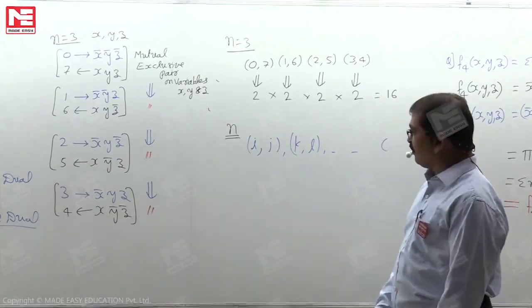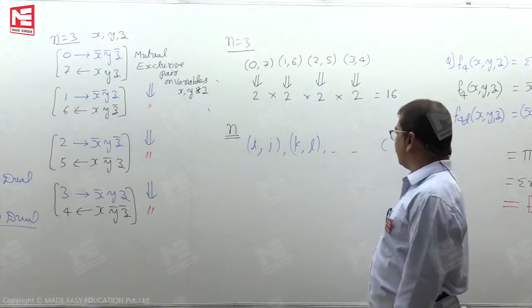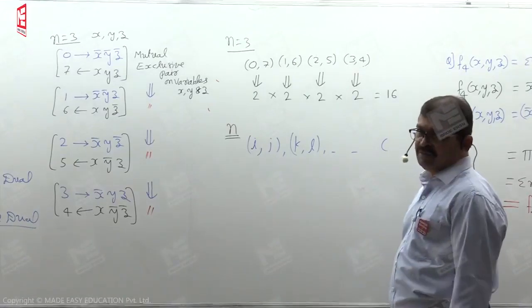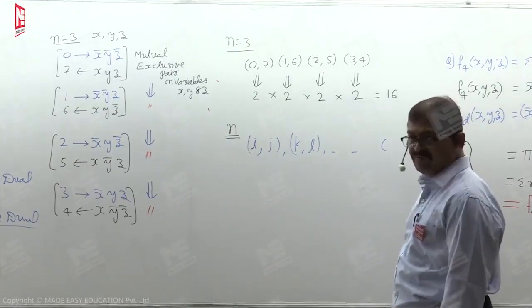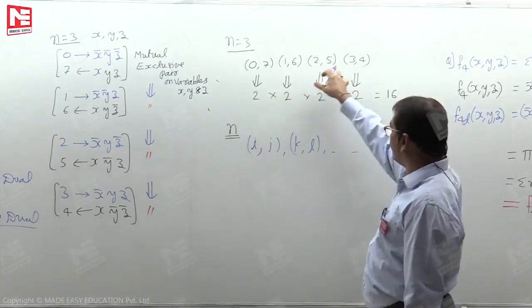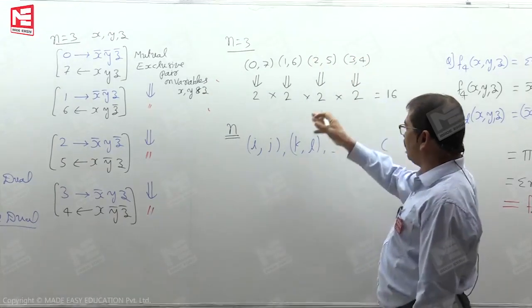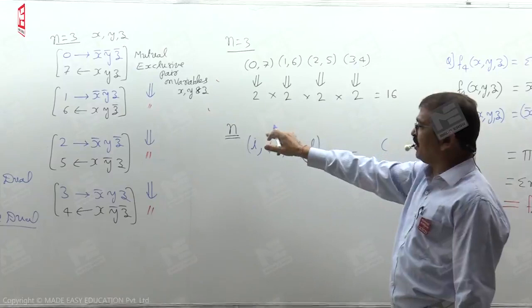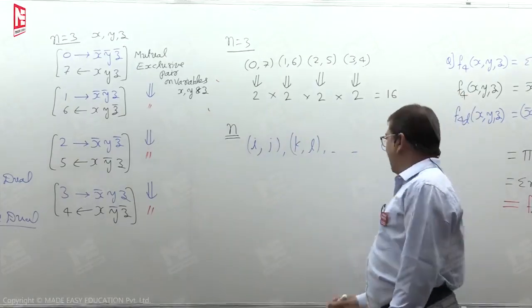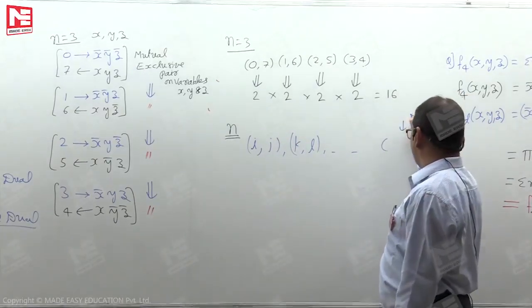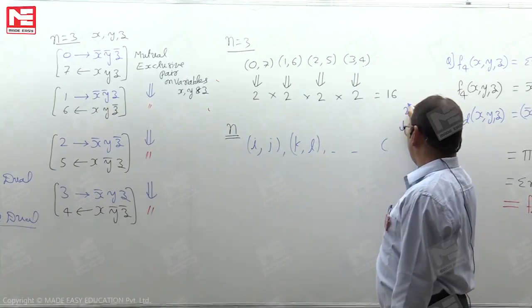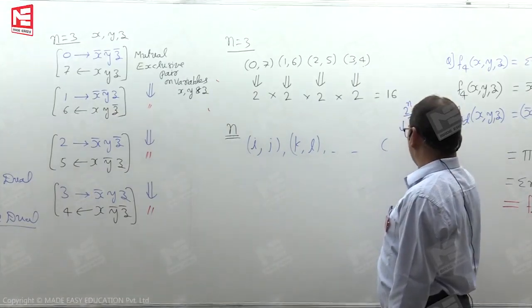Total how many pairs do we have? The total number of pairs will be 2 to the power of n by 2. When n is 3, the total number of pairs is 4, that is 2 to the power of 3 by 2. In the general case on n variables, the last pair will be the 2 to the power of n by 2th pair.